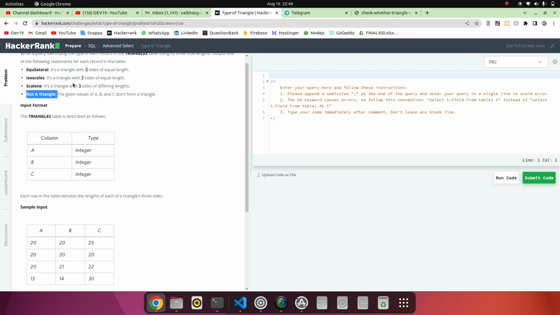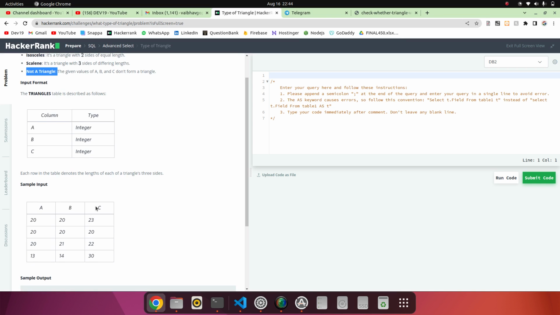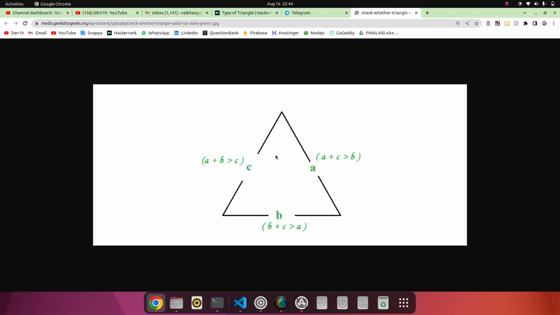So firstly we will check what makes it not a triangle, and how to define whether it is a triangle or not on the basis of sides. If we are given three sides A, B, C, what should be the criteria? This is an example of an equilateral triangle, where the three sides are equal.